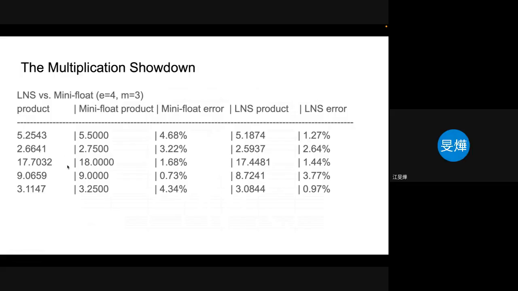So then I see the multiplication showdown, which shows a traditional minifloat against LNS.